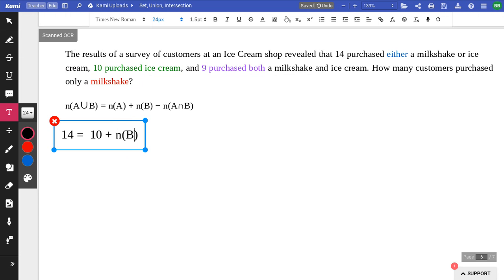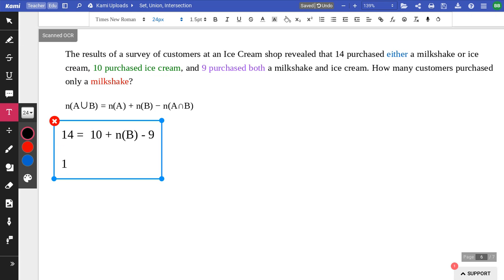So we'll put that as just a variable that's representing there. And then we do know how many people purchased both the milkshake and the ice cream. How many were there? 9. 9 purchased both milkshake and the ice cream. So let's go ahead and solve this problem. So we have 14 equals 10 plus N of B minus 9.